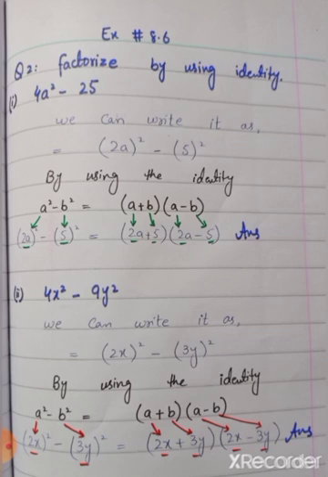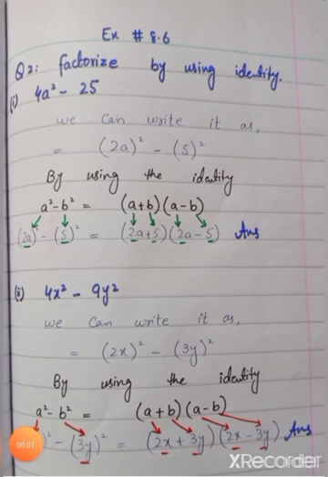For the first term of the binomial, the term which when multiplied by itself gives 4a square should be 2a. Since we multiply 2a 2 times, then we get 4a square.